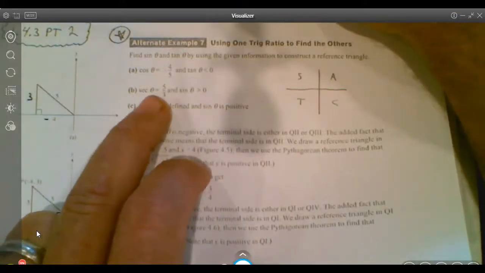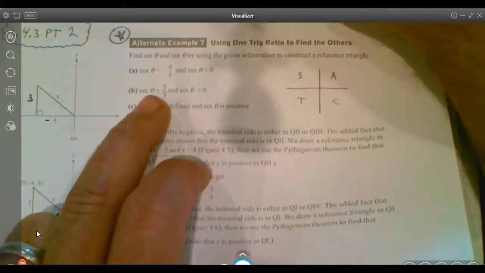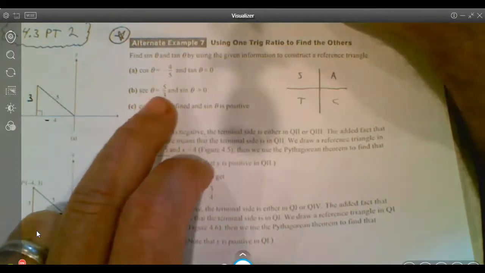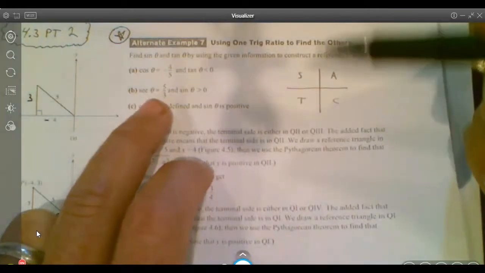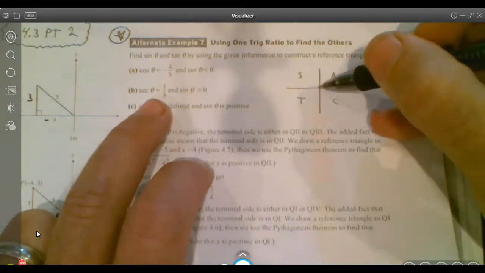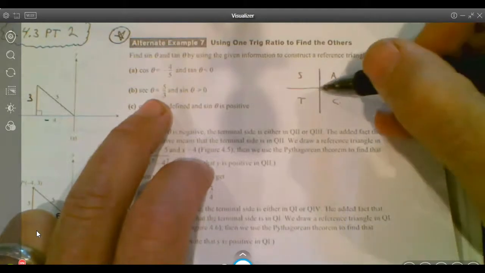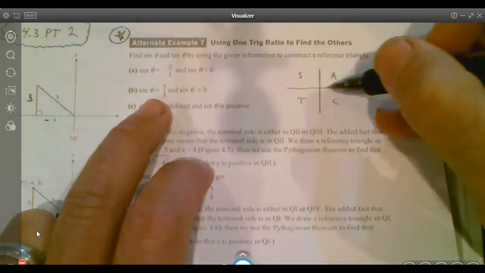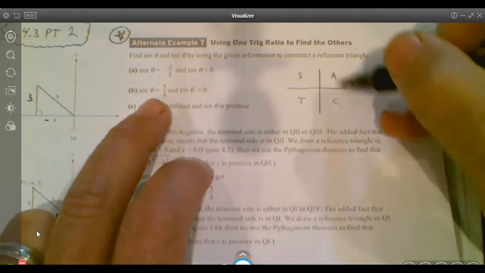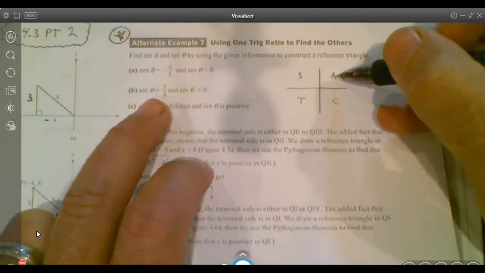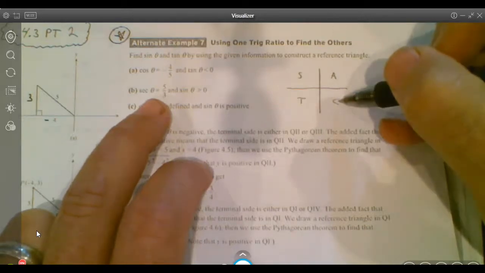Well, secant is just the inverse of cosine. So again, they are telling me that my cosine is positive, right? So if cosine is positive, remember cosine is your x's. X's go either left or right. If my cosine is positive, I must have gone to the right. And you'll notice that these are the two quadrants where your cosines are positive, because they're all positive in quadrant 1. Your cosines are positive in quadrant 4.